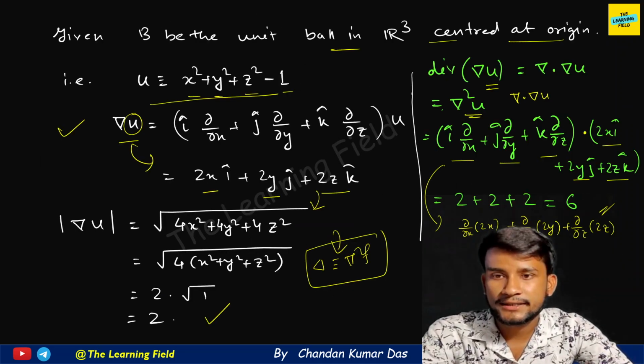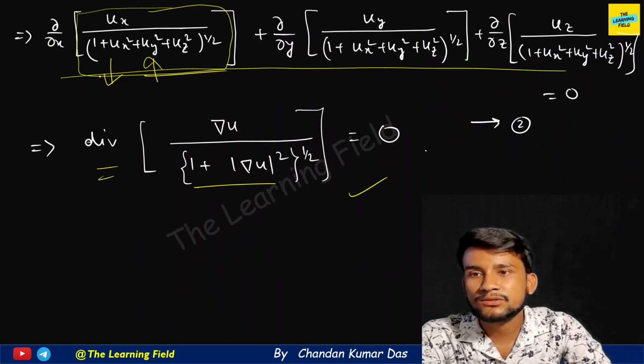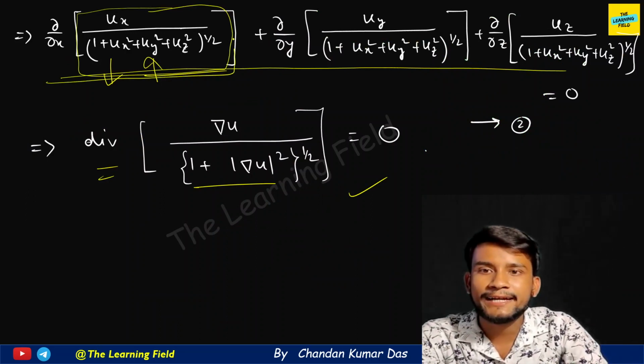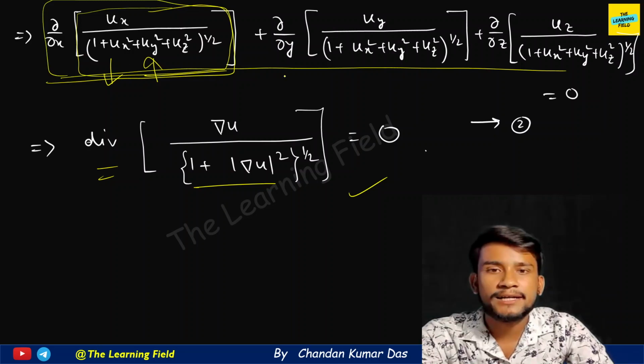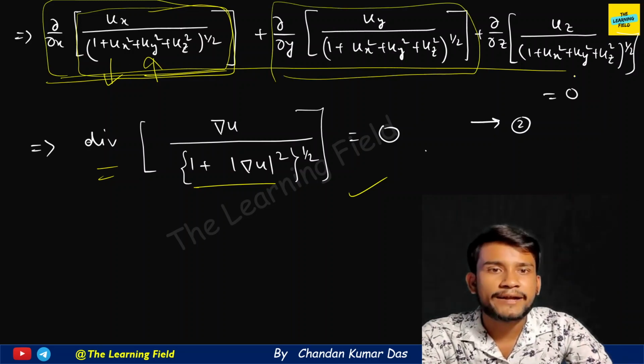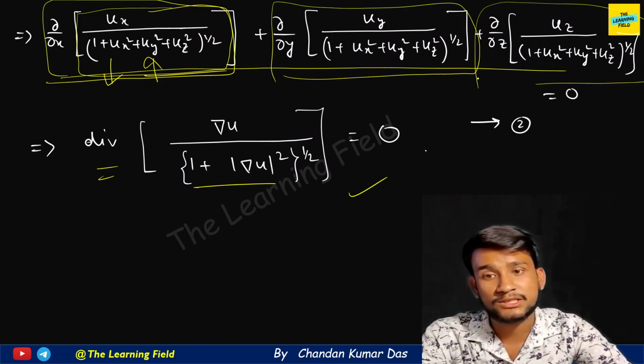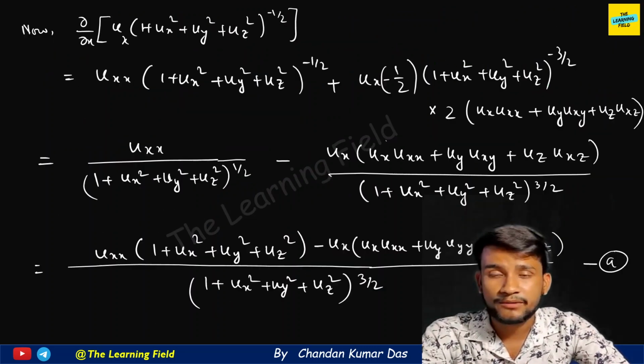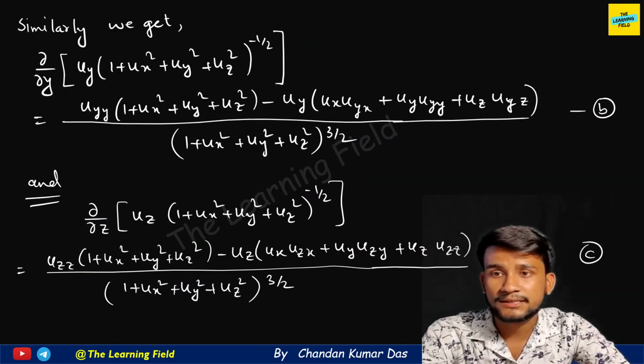we calculate. This is the equation, so we take the derivative of these terms: del x of this one, del y of this term, and del z of these three terms. Now we differentiate with respect to del x, del y and del z.